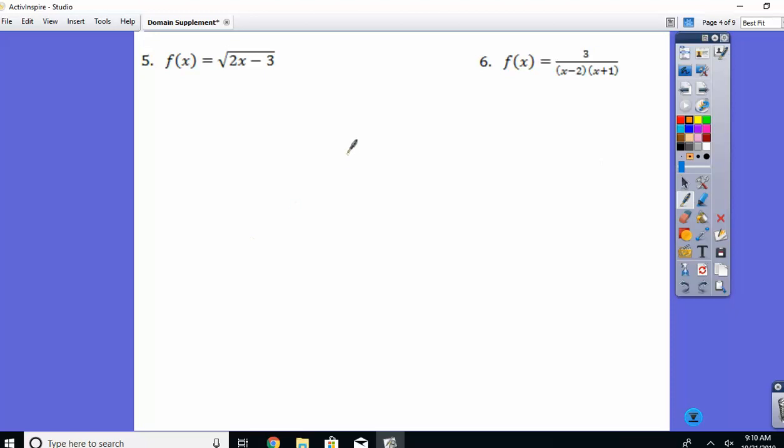Okay, so I have a radical. What am I going to write? Okay. So we add our 3. Divide by 2. So x is greater than or equal to 3 over 2.